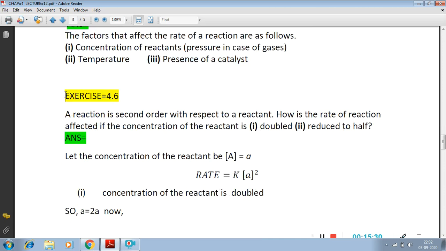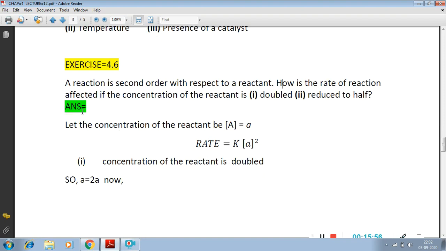Next one, question number 4.6. The question is like this: a reaction is second order with respect to a reactant. How is the rate of reaction affected if the concentration of reactant is first doubled or reduced to half?